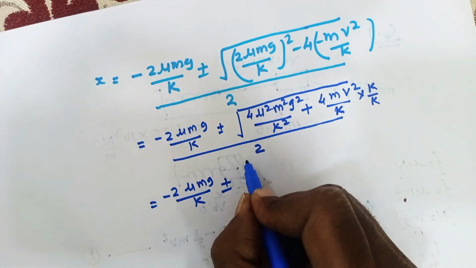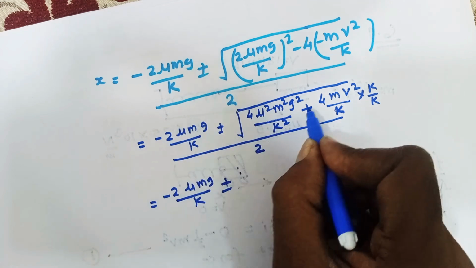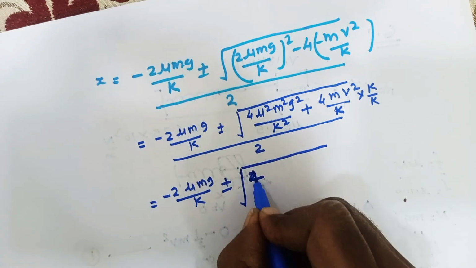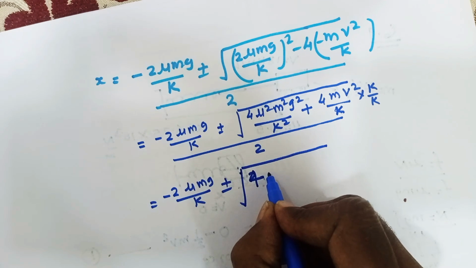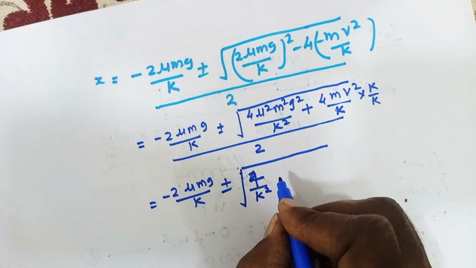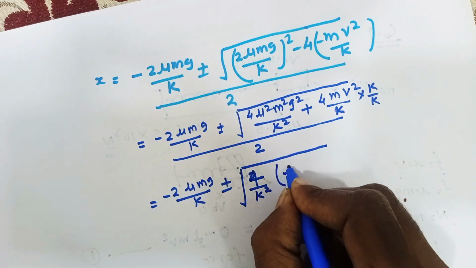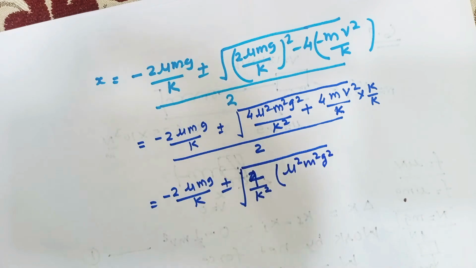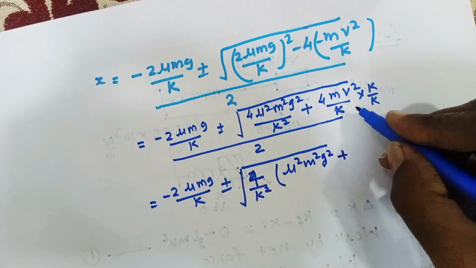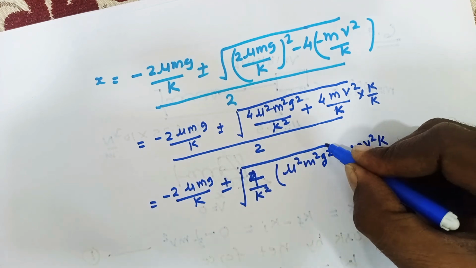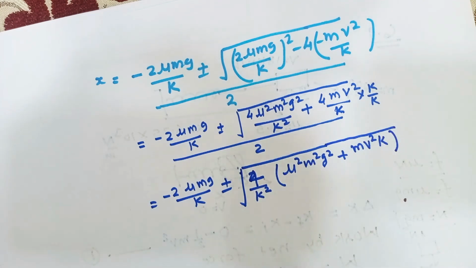So we can take 4 means root, first of all we'll take common here 4 and denominator k square, and then inside the bracket it will remain mu square m square g square, plus here it will remain only mv square k, and then upon 2a.